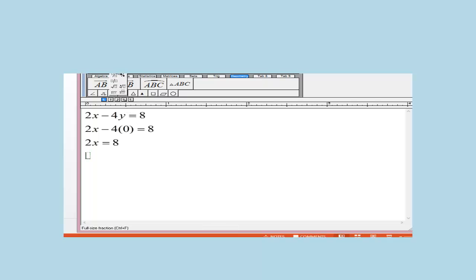In order for you to find the value of x, you must divide both sides by 2. Therefore, the value of x is equal to 4.